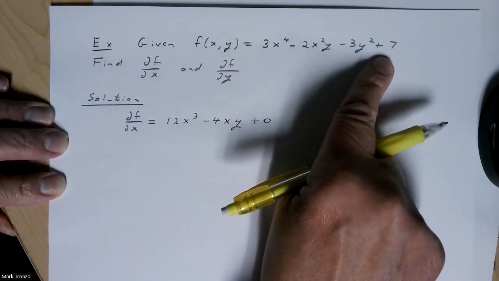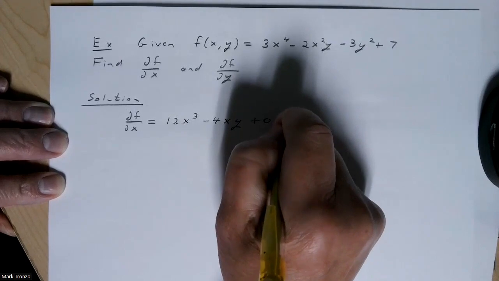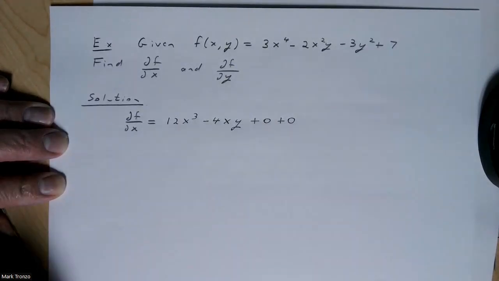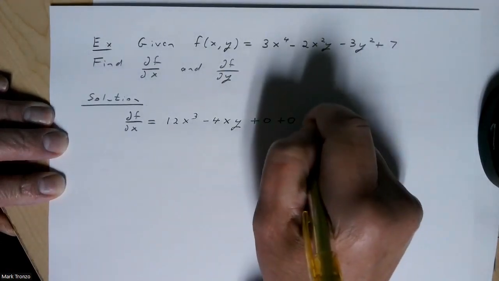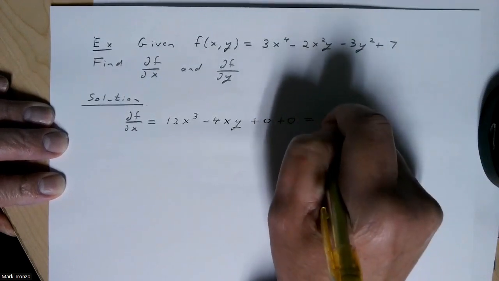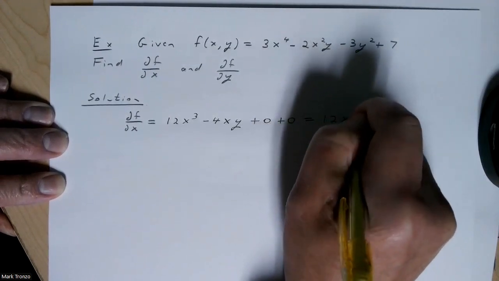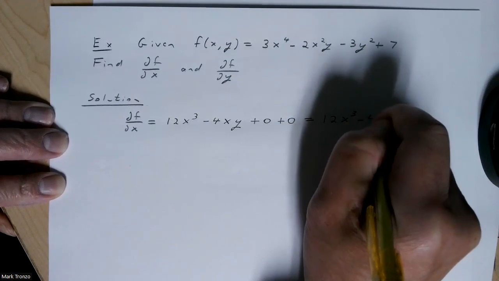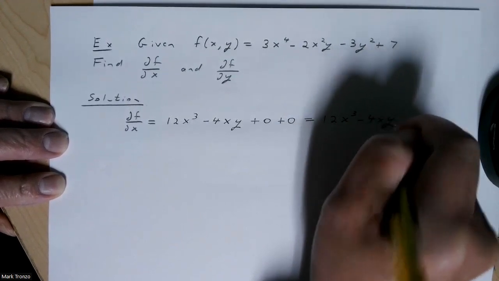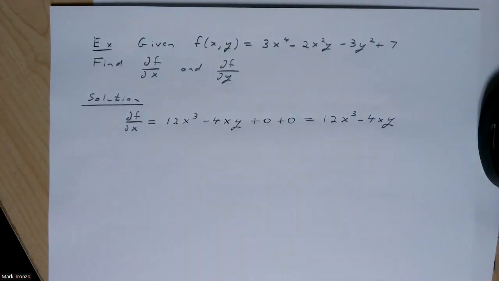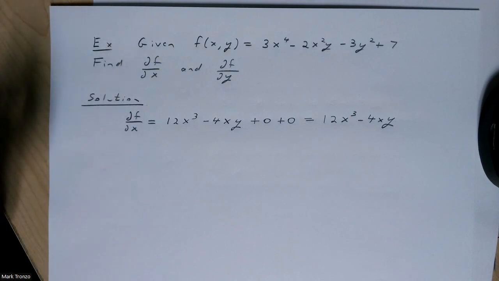And of course, the derivative of this constant here is also 0. Now, normally you don't have to put the zeros in, so you could actually just write it this way. Remember, we're taking derivative with respect to x, but treating everything else in the equation as constants.